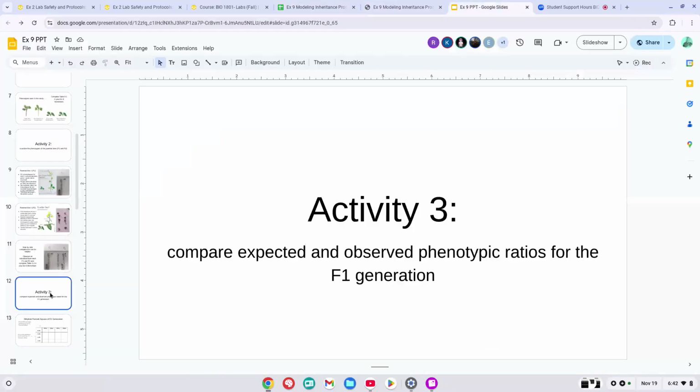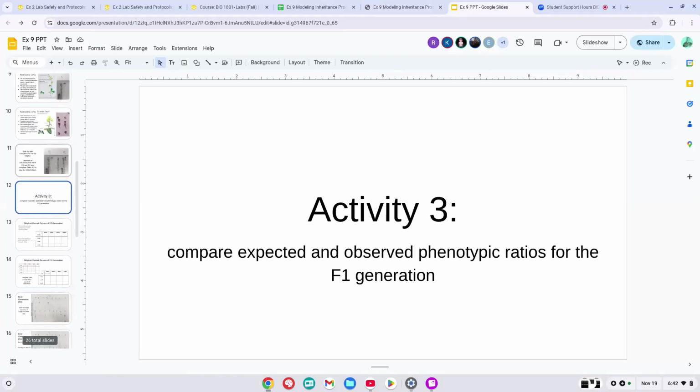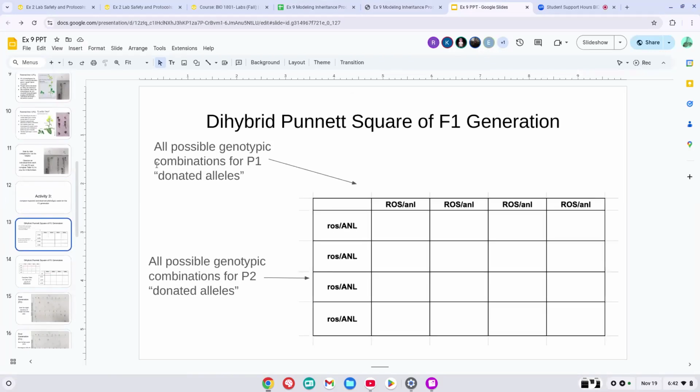Okay, we're going to talk a little bit more about Activity 3. We're going to compare expected and observed phenotypic ratios for the F1 generation. I want to talk with you a little bit before you jump straight into that. Basically, you're going to have all possible genotypic combinations for P1 donated alleles at the top, from the offspring of these parents, and then all possible genotypic combinations for parent 2's donated alleles on the right side.